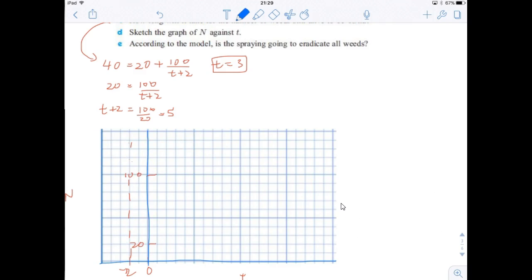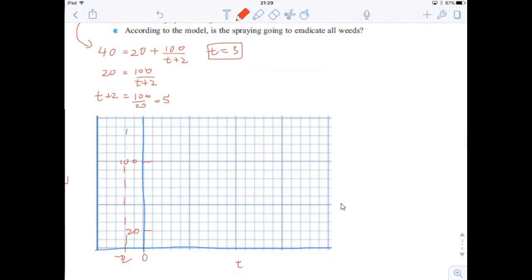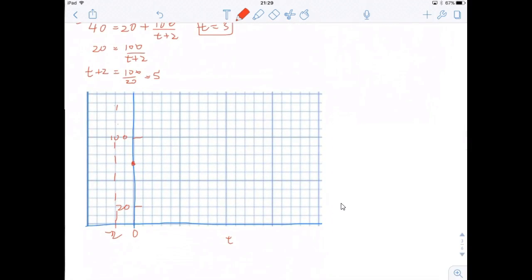Okay, so let's mark some of the points that we found. For example, t equals 0, the n value was 70, which was here. And t equals 8, the n value was 30.